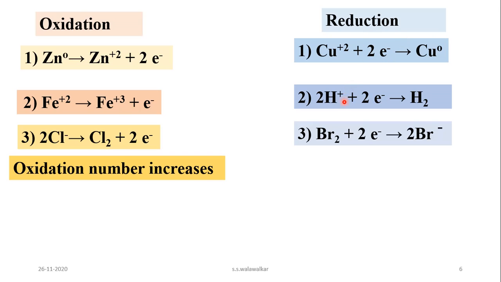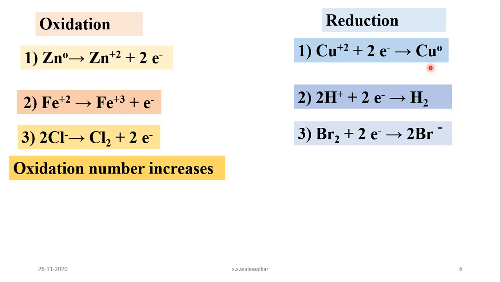Or 2 hydrogen ions, when they accept electrons, form a hydrogen molecule. So in the hydrogen molecule, the oxidation number is 0. So the oxidation number is decreased here. In the bromine molecule, Br2, the oxidation number is 0, but when it accepts 2 electrons, its oxidation number is decreased from 0 to -1.